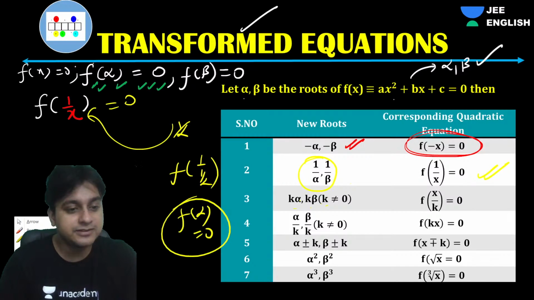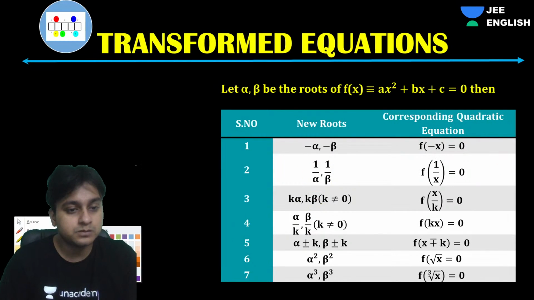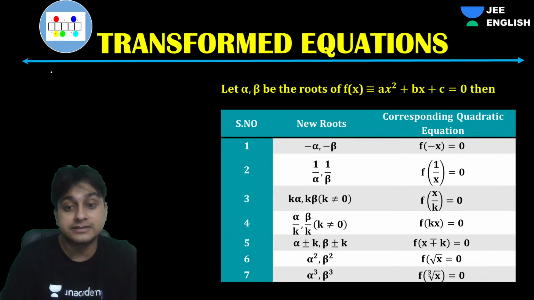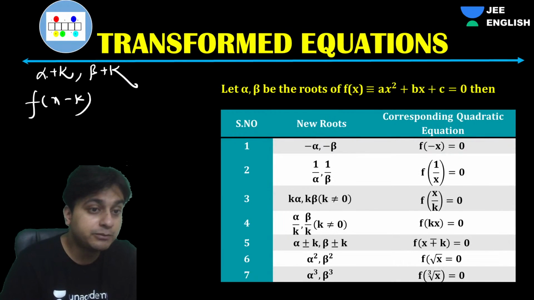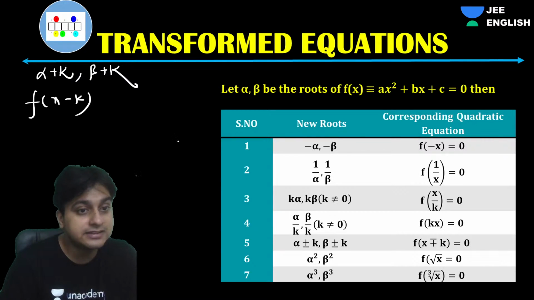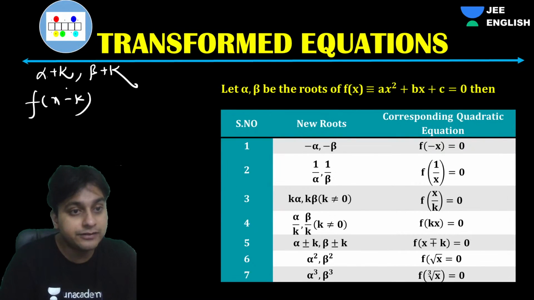Now guys, let's suppose we want alpha plus k and beta plus k as roots. I will take f of x minus k, because if I put x as alpha plus k, k will cancel, isn't it? That's the reason why, when we have alpha plus k, we want alpha minus k.